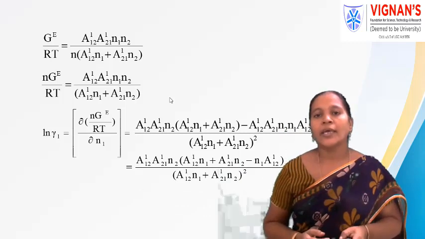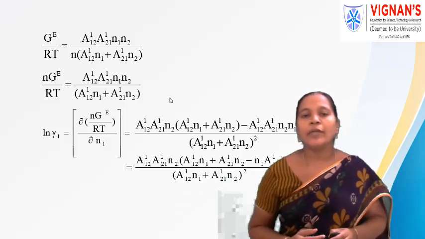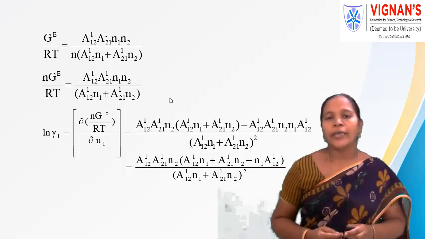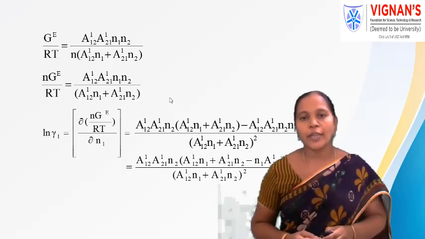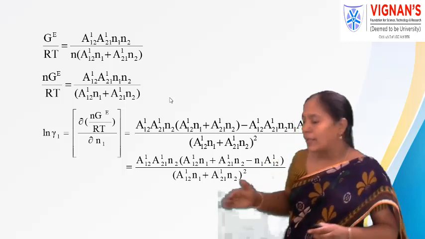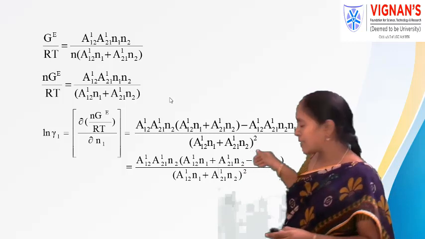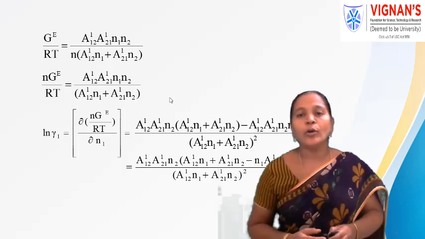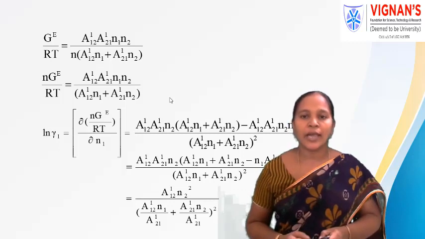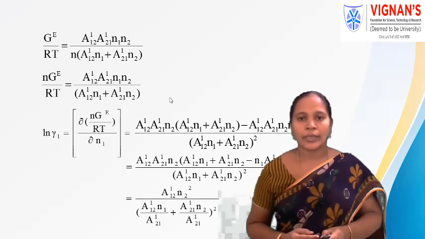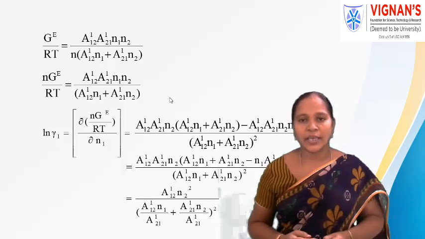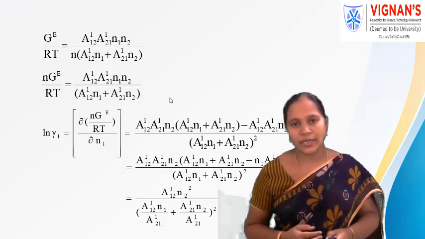After that, eliminate the term A12 dash A21 dash n2 into (A12 dash n1 plus A21 dash n2 minus n1 A12 dash), divided by (A12 dash n1 plus A21 dash n2) whole square. Here A21 dash n2 is the remaining term. A12 dash n1 minus A12 dash n1 gets cancelled.